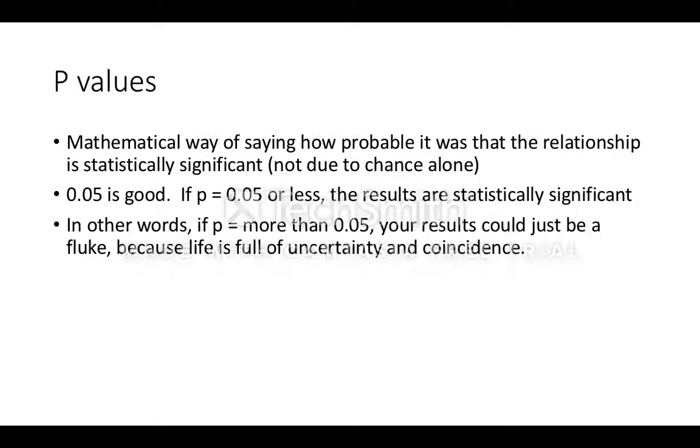If your p-value is higher than 0.05, that means it could just be a coincidence. So if it's 0.06 or 0.7, it's likely that the R-score you got is just a coincidence. It's just due to chance alone. So you want to see statistical significance, which means a p-value of 0.05 or less.